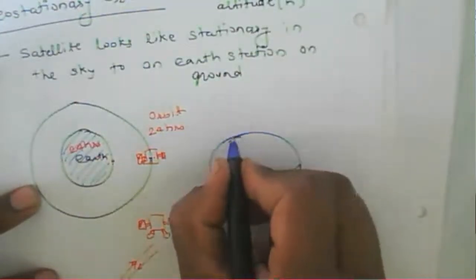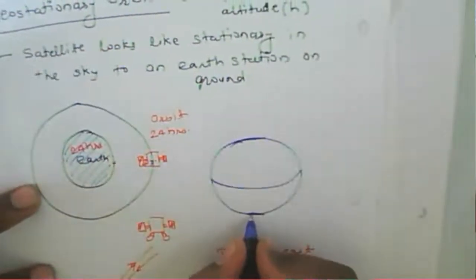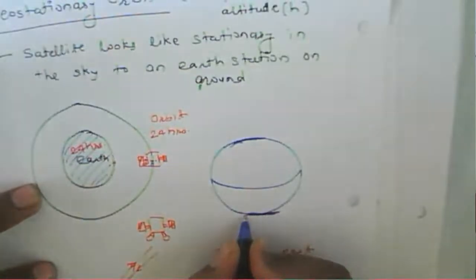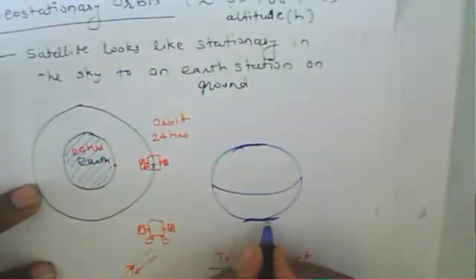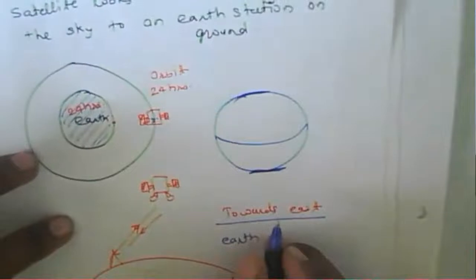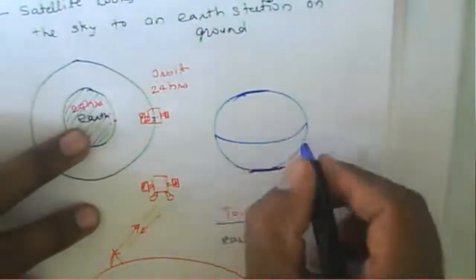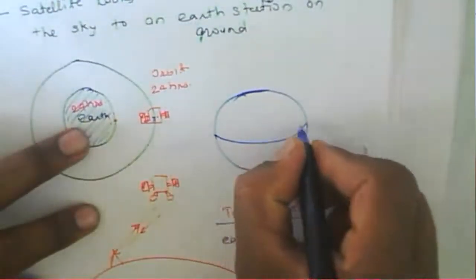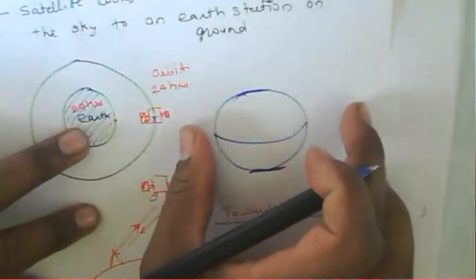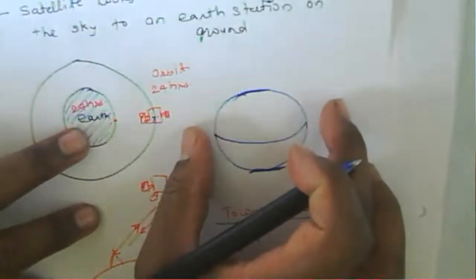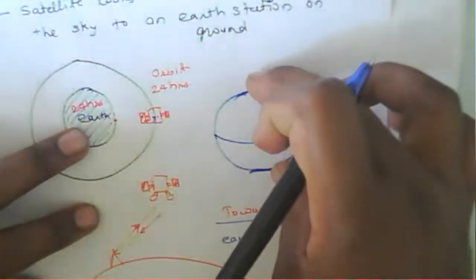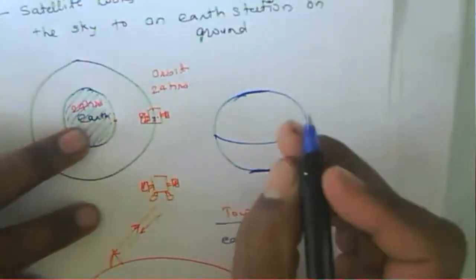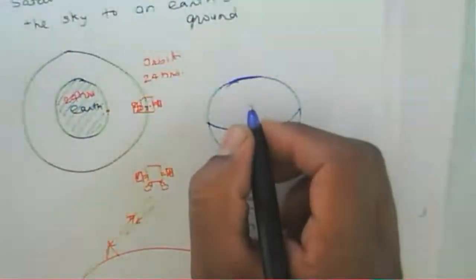In that case, the shape of the Earth from the north side and from the south side is flat. Only at the equator is there oblateness.